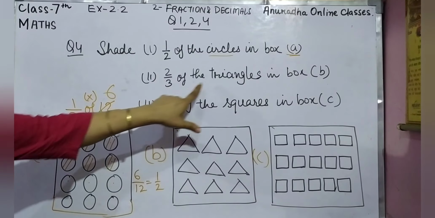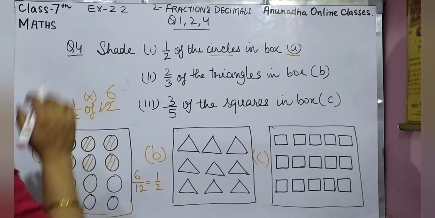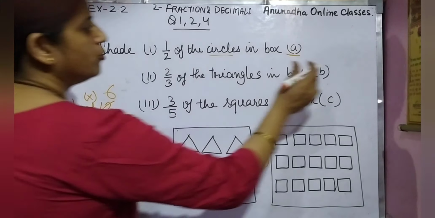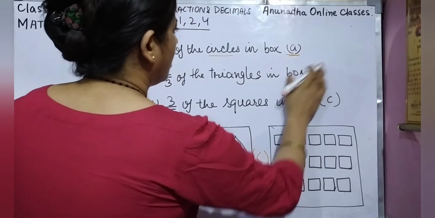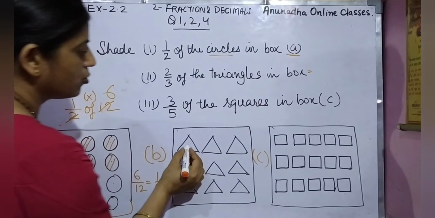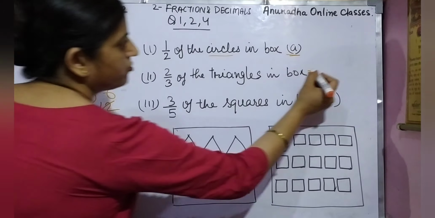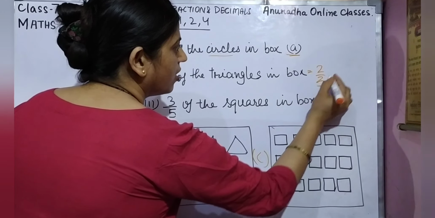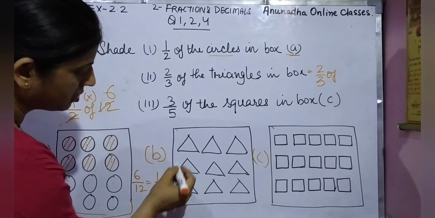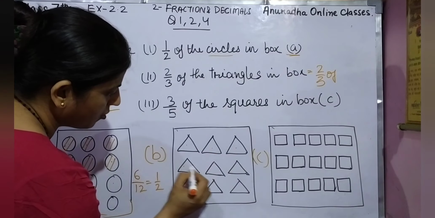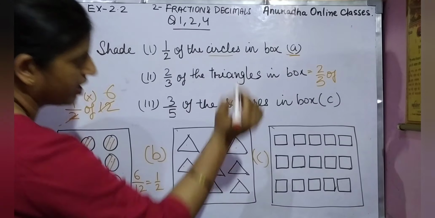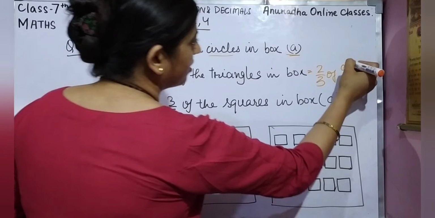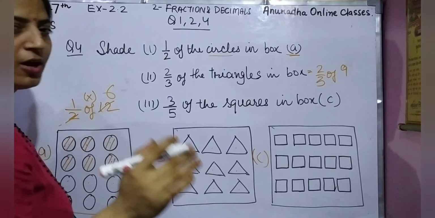Now let us come to the next one. 2 by 3 of the triangles. 2 by 3 of the triangles means 2 by 3 of the triangles. I will show you here. आपको count करने हैं पहले triangles. Firstly write 2 by 3 of what? Triangles 1, 2, 3, 4, 5, 6, 7, 8, 9. So it is 9. अब देखो of का मतलब क्या होता है?